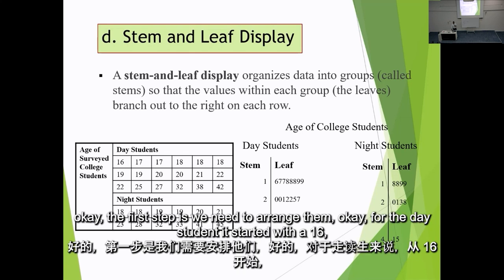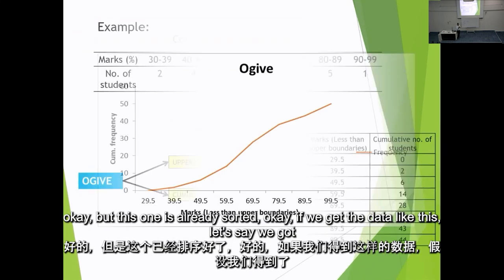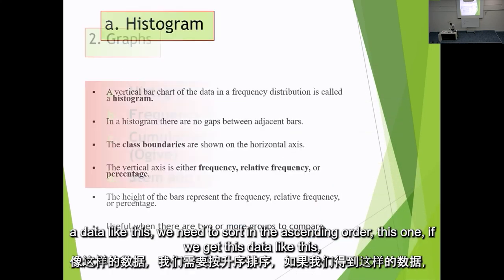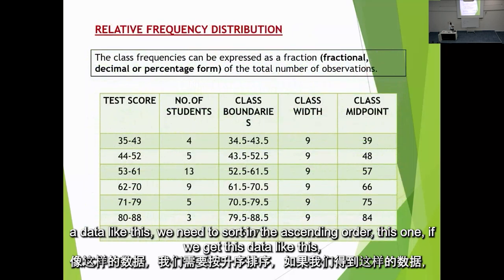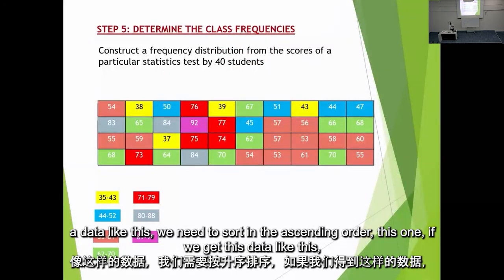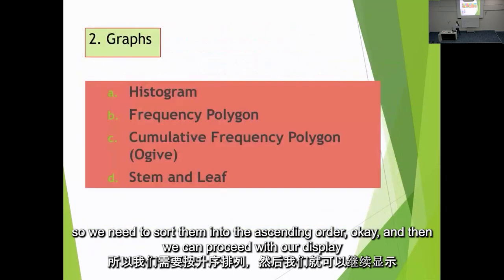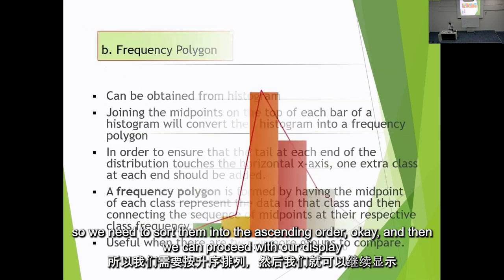The first step is to arrange them. For the day students it starts with 16, and this data is already sorted. If we get the data unsorted, we need to sort it in ascending order, and then we can proceed with our display.